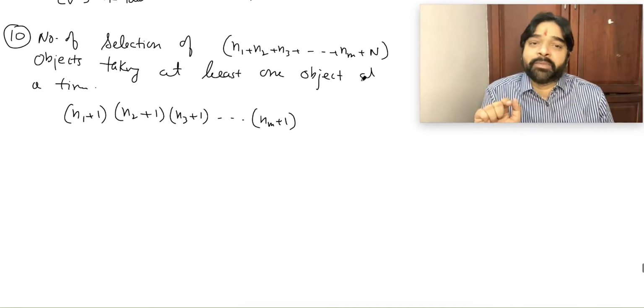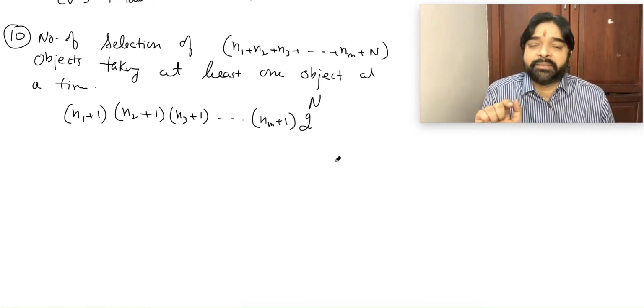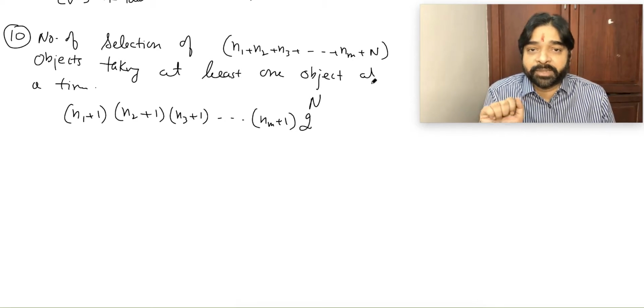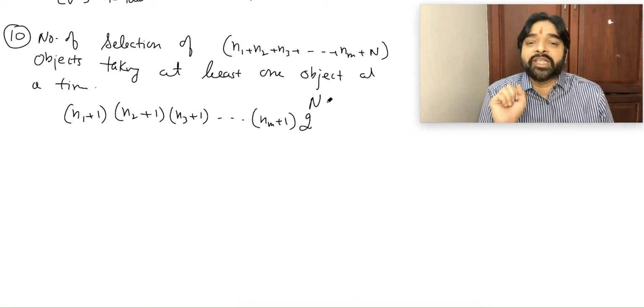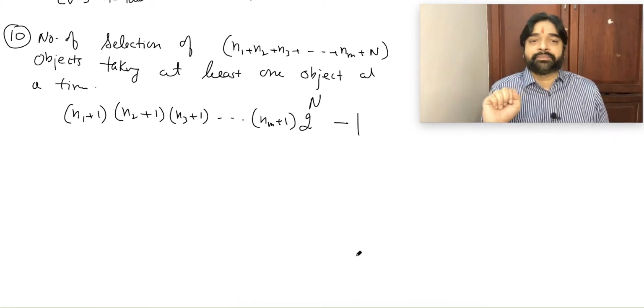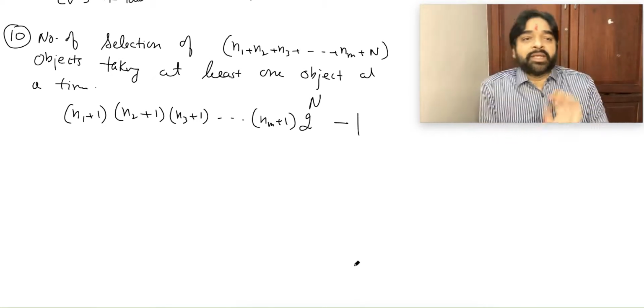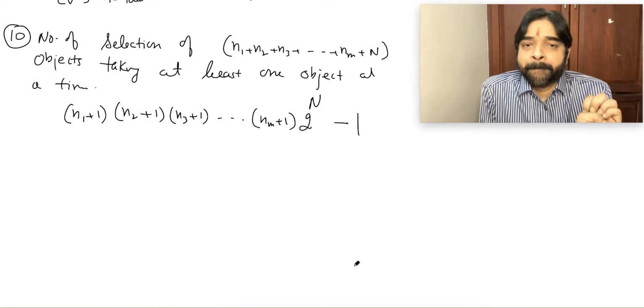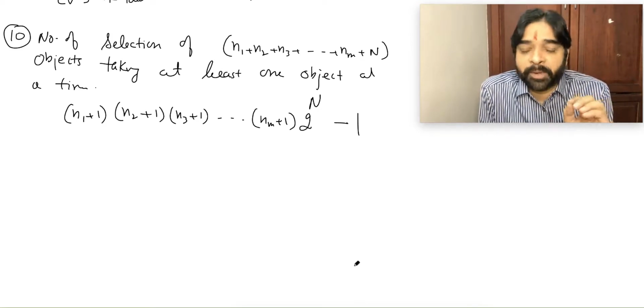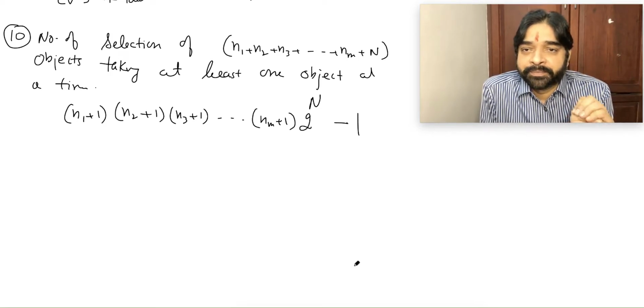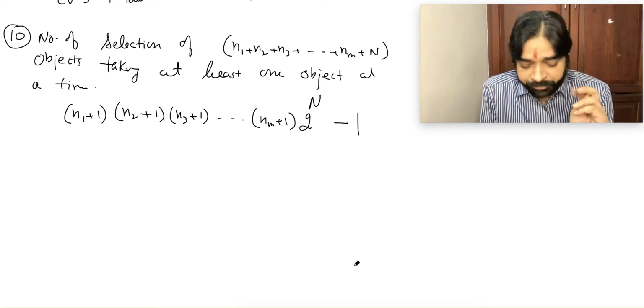And any number from capital N, that is 2 power capital N, because capital N are different objects. But we want at least one object, so total minus 1. Is it clear to everybody? Understood all of you? It's very important, you are going to see the importance of this concept. Write down quickly.